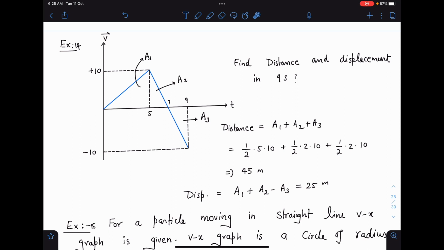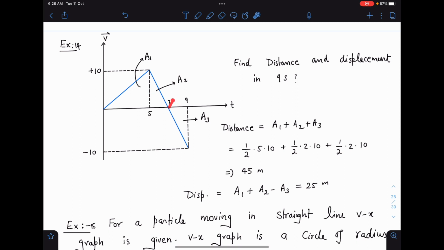I think easily you can comment on this. So let's check how much this area will come. Half base into height, this will come 25, and half base into height, this will come 10 units, and this will come minus 10 unit. So displacement wise I can say 25 plus 10 minus 10, 25 will come as displacement. Whereas distance is 25, 10 and 10.